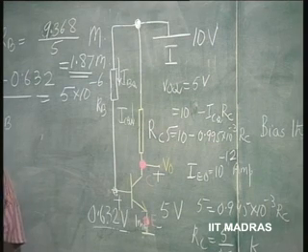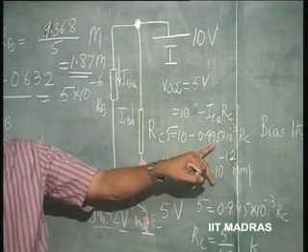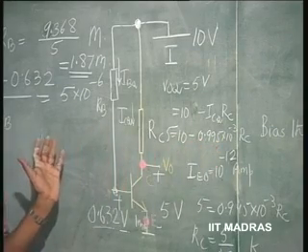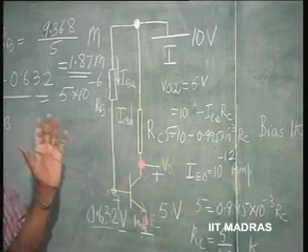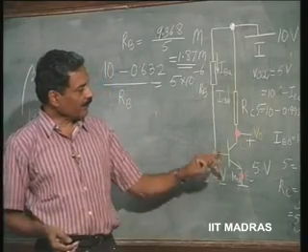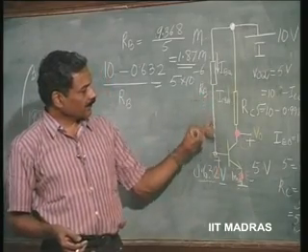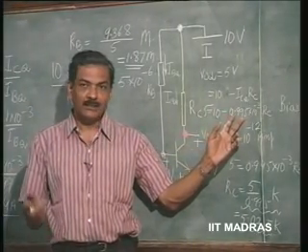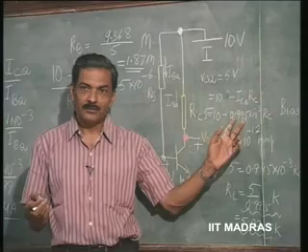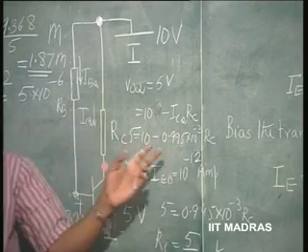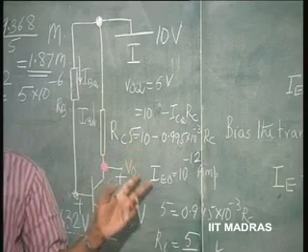That means beta is going to be different. If it is 0.99 for one transistor and 0.995 for the other, the beta is going to change from 200 to 100 very nearly. So, if alpha changes by a very small amount, from 0.995 to 0.99, you can see that beta changes from 200 to 100.